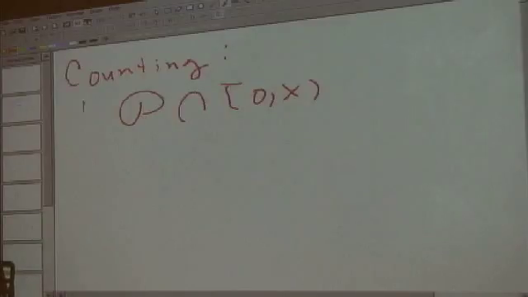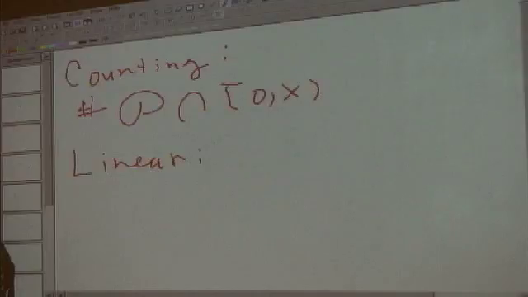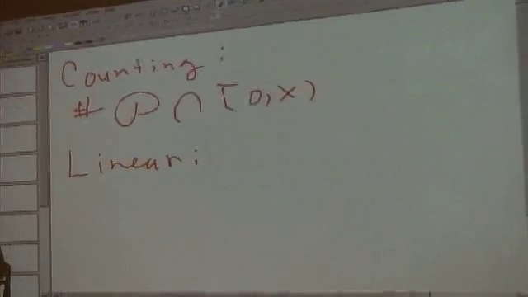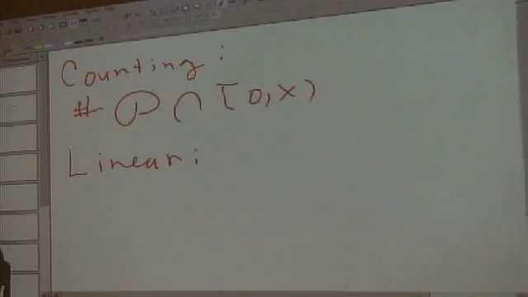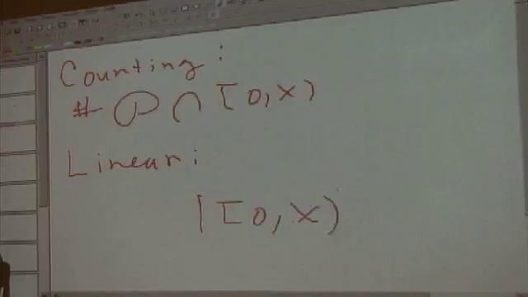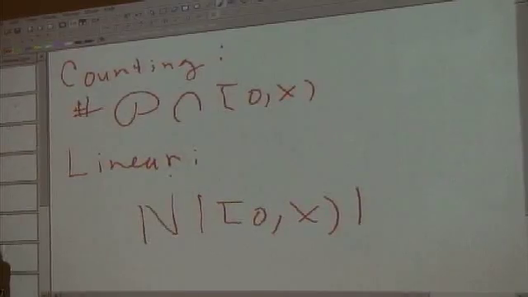So we just take the cardinality. And the linear part is the number of points that you'd expect to get if things were truly behaving as independent. So this is just the volume of the box times the number of points.